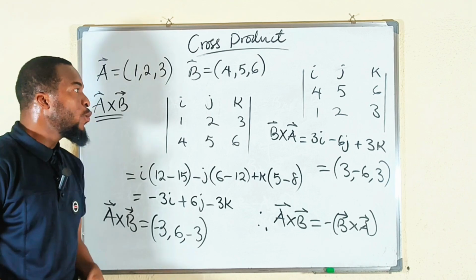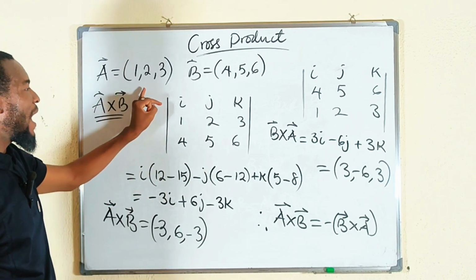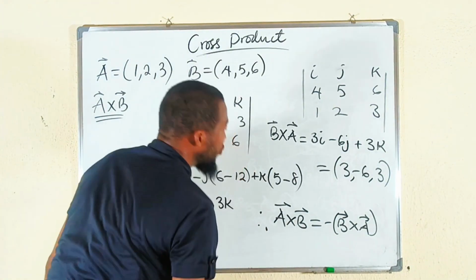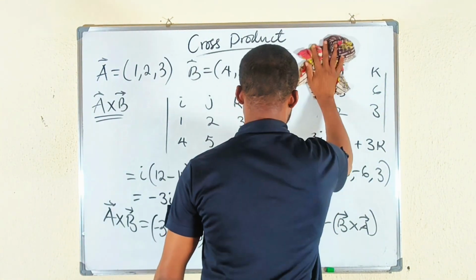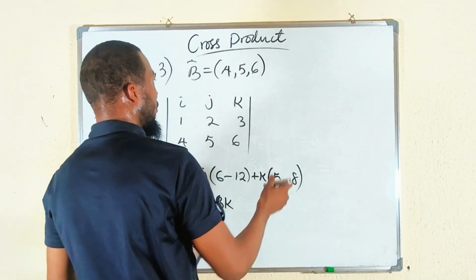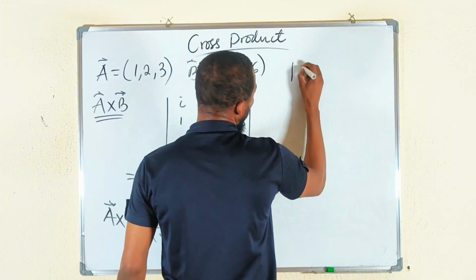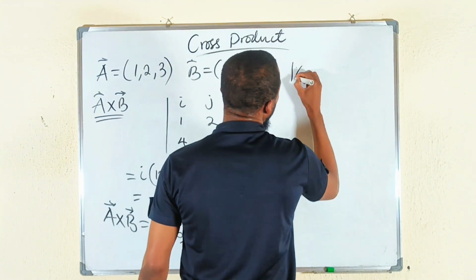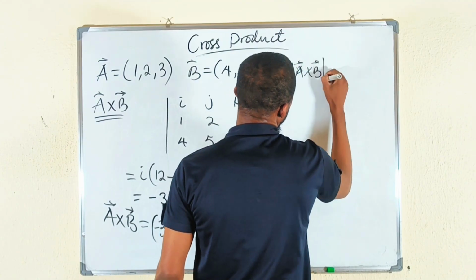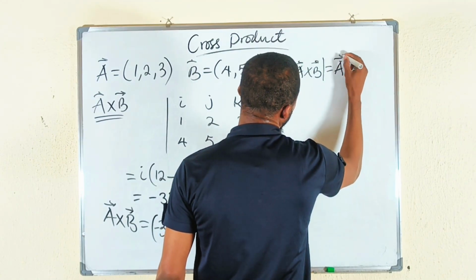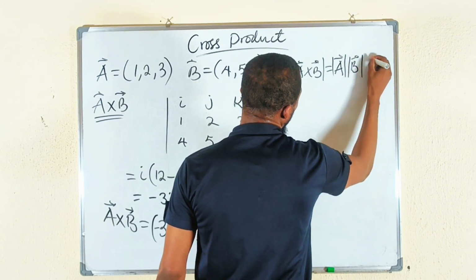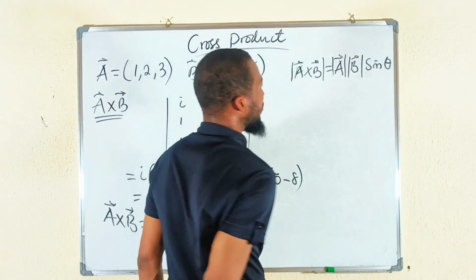Another thing, you can use this to find the angle between these two vectors. Because remember your formula. This is just an introductory class, please. Remember your formula. The formula stated that the magnitude of A cross B is equal to the magnitude of A multiplied by the magnitude of B multiplied by the sine of the angle between them.